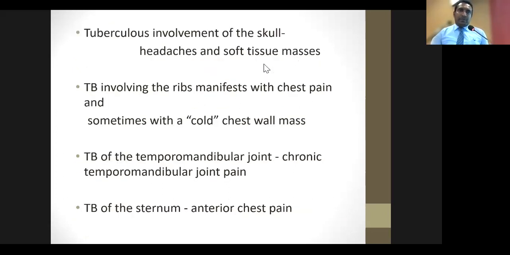According to the site of involvement, there can be specific complaints. If the skull is involved, then headaches and soft tissue masses can be felt around the skull. If it occurs around the ribs and sternum, the patient may come with chest pain, and temporomandibular joint involvement will cause chronic TMJ pain.